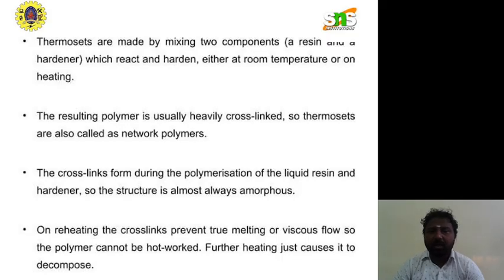So thermosets are called network polymers, and the cross-links form during the polymerization of the liquid resin and hardener, so the structure is almost always amorphous. And on heating, the cross-links prevent true melting or viscous flow, so the polymer cannot be melted, or further heating just causes decomposition.